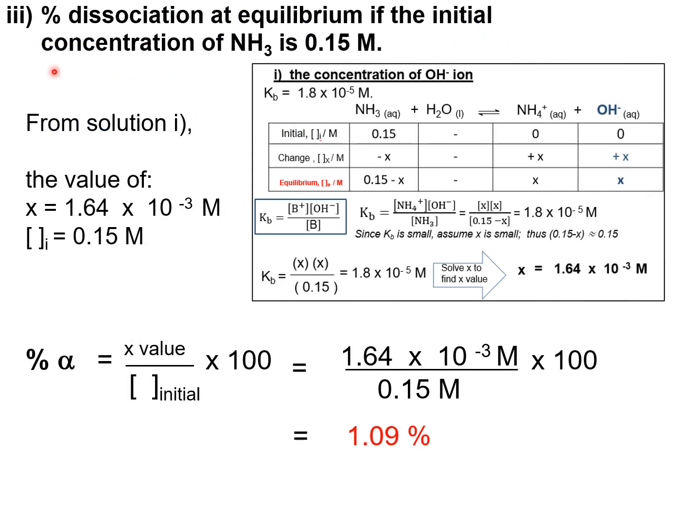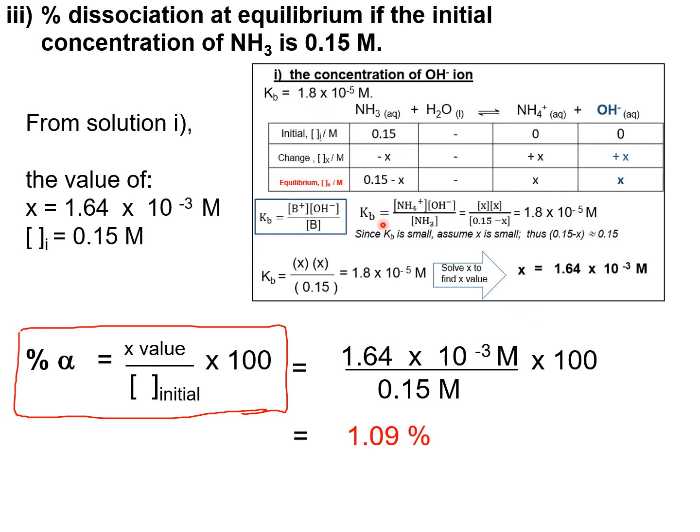Okay guys, next, how can you find the percentage of dissociation at equilibrium if the initial concentration of NH3 is 0.15 molar? Okay, so this is the formula untuk cari the dissociation percentage, di mana X value kena bahagikan dengan concentration initial times with 100. How can we find the X value? We already found it when we did the solution yang untuk first kali tu.